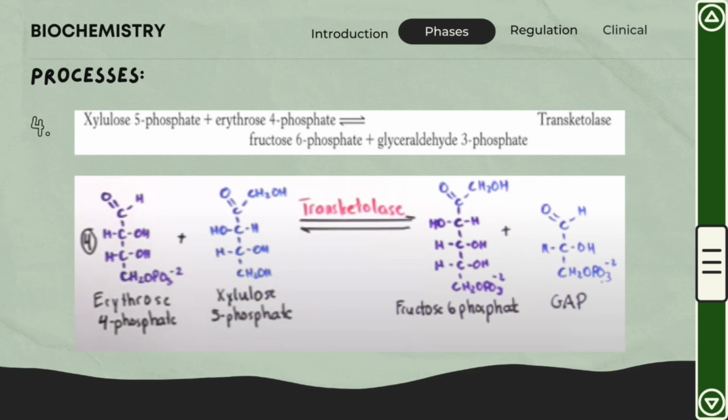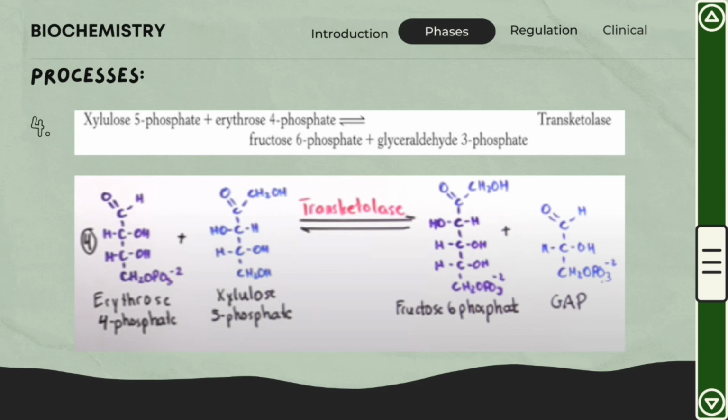And then when we cut the CH2OH part of the xylulose 5-phosphate by 2 carbons, we form the 3-carbon triose molecule known as GAP, or glyceraldehyde 3-phosphate. And remember that GAP, or glyceraldehyde 3-phosphate, is also a glycolytic intermediate.